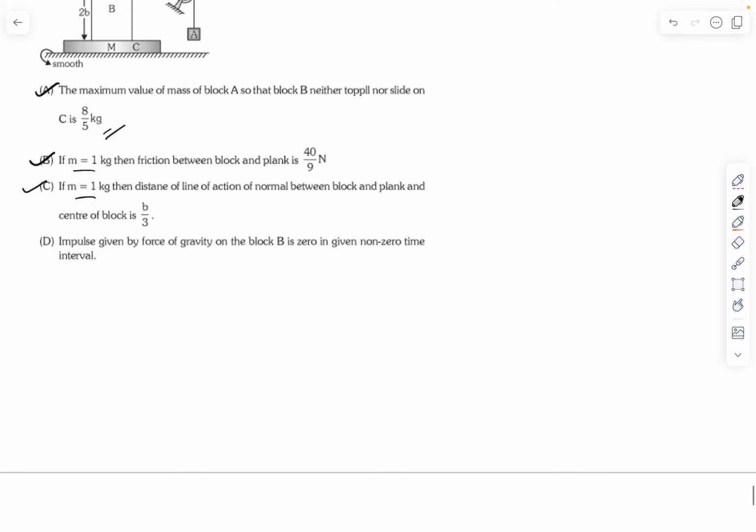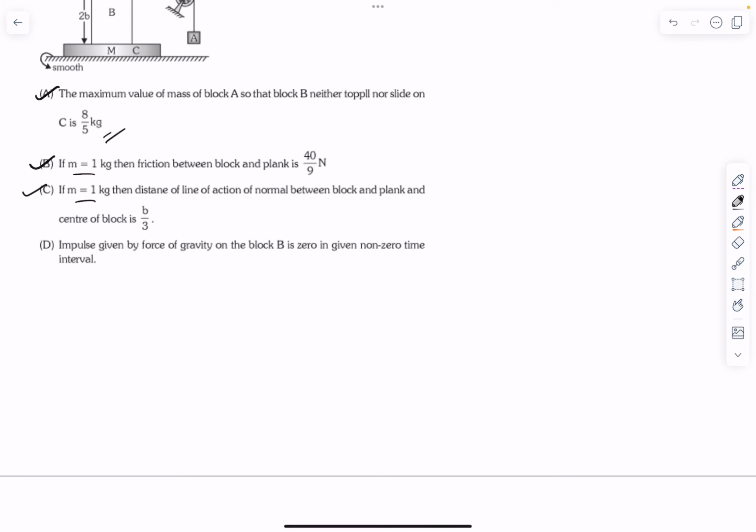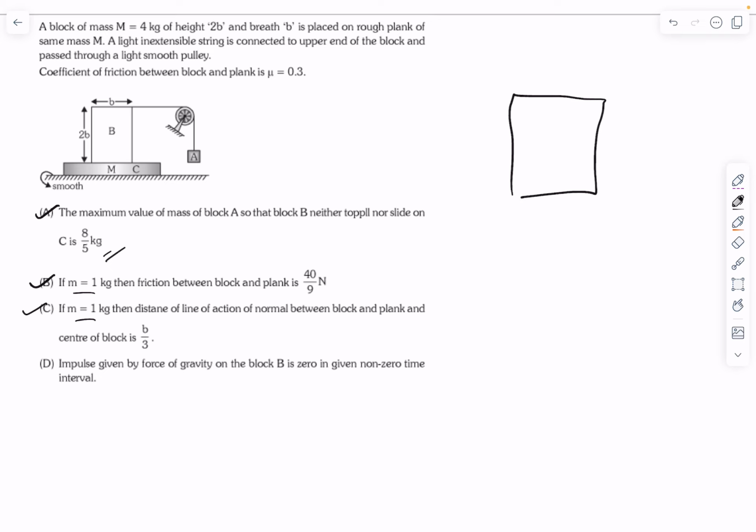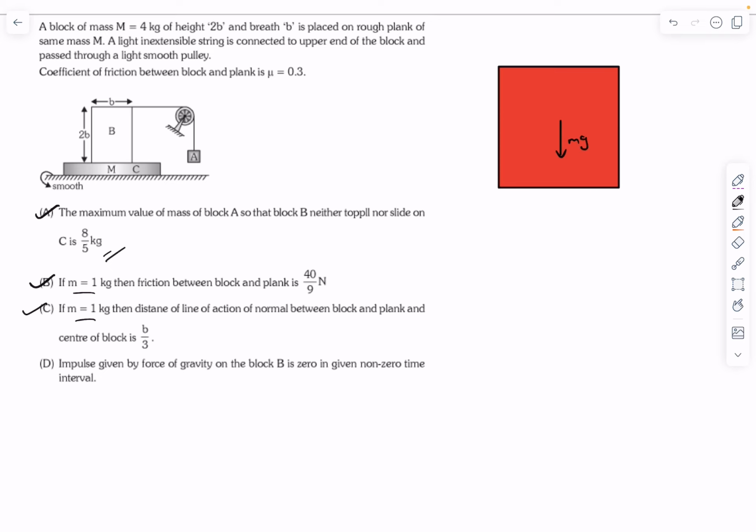Now in option D, they're saying the impulse given by the force of gravity on the block is 0 in a non-zero given time interval. So basically if I take my block, they're claiming that the force of gravity will have a 0 impulse in a given time interval. This would actually be wrong because the impulse of mg is basically the integral of force times dt, and we integrate it over a time interval.